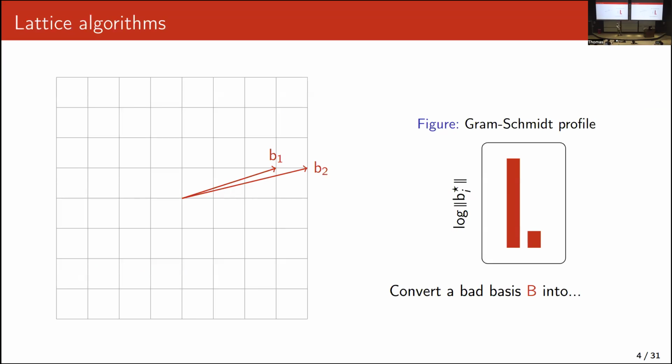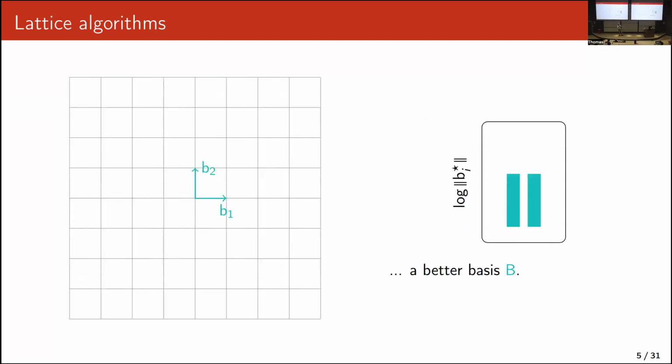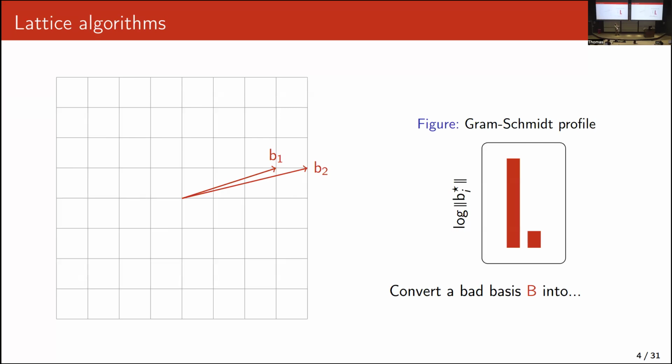So if you're given a lattice that has a skewed basis or a bad basis, lattice algorithms try to find short vectors in these lattices. So they try to make this basis a better basis, a shorter or a more orthogonal basis. On the right here, I have this Gram-Schmidt profile. If you're not familiar with this, I'm just plotting the norms of the Gram-Schmidt vectors.